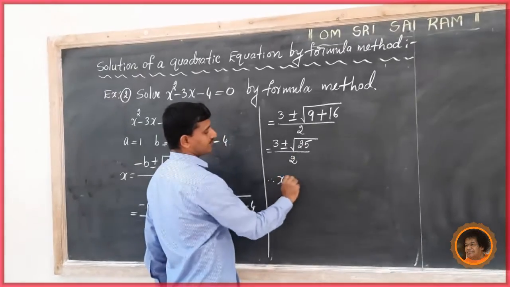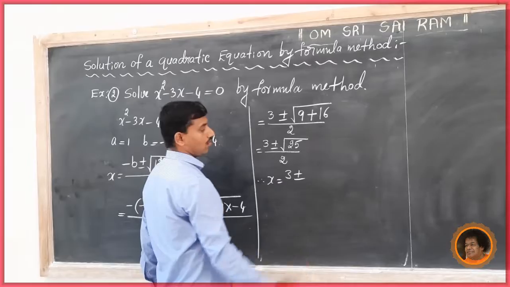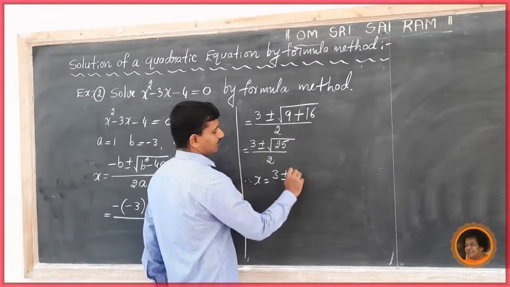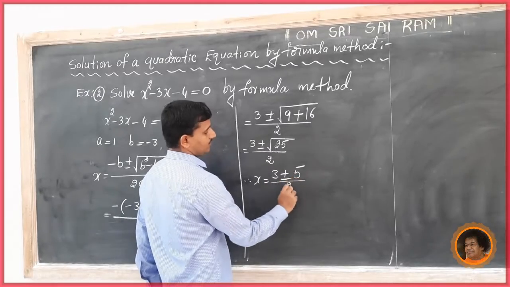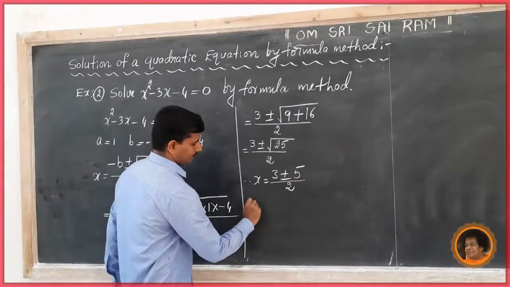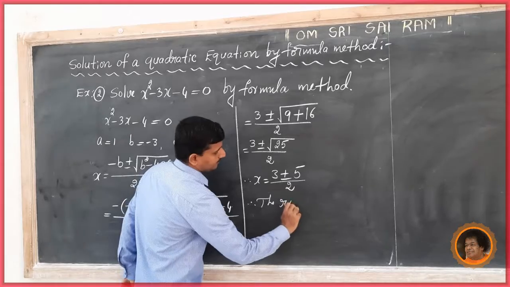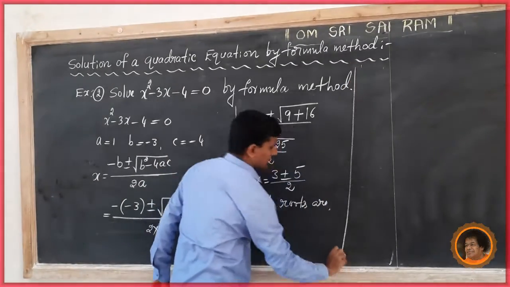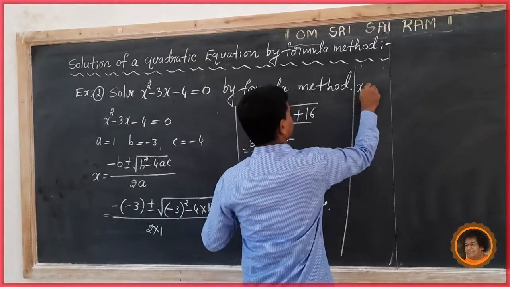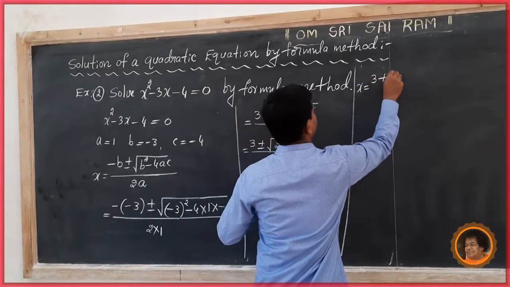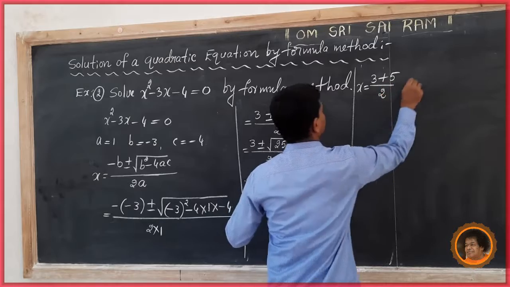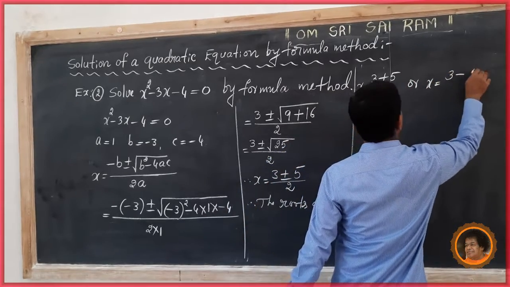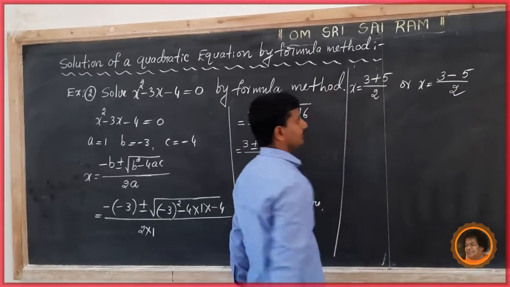So therefore x equals 3 plus or minus square root of 25. What is the square root of 25? That is 5. So 3 plus or minus 5 divided by 2. Therefore the roots are: first one, x equals 3 plus 5 divided by 2, or x equals 3 minus 5 divided by 2.